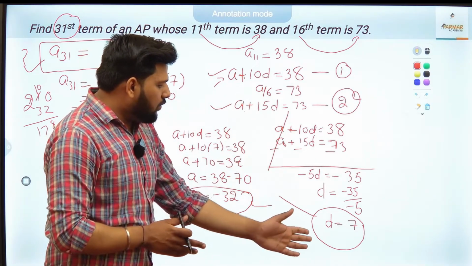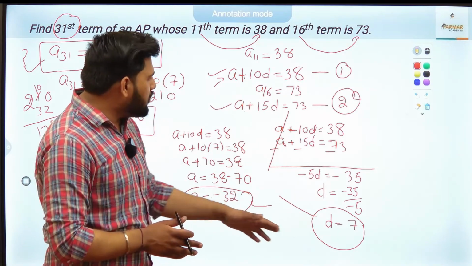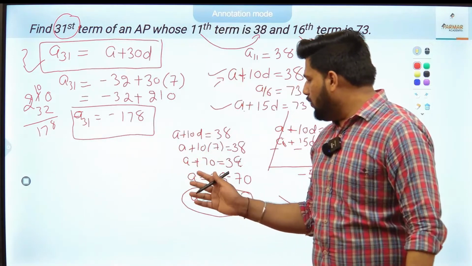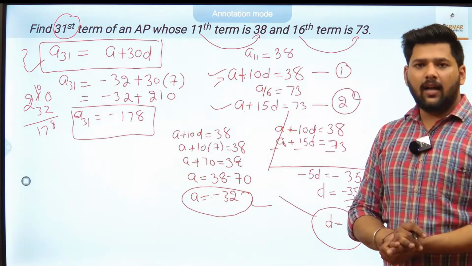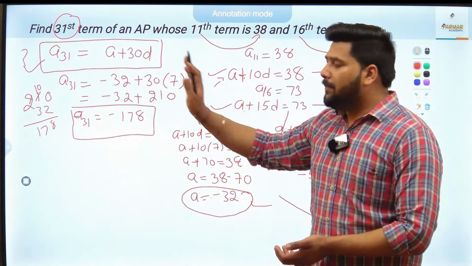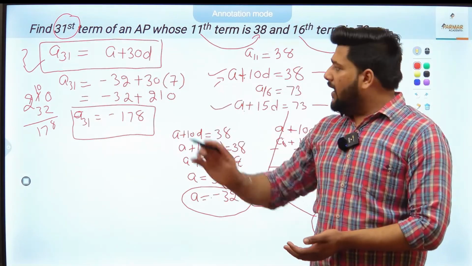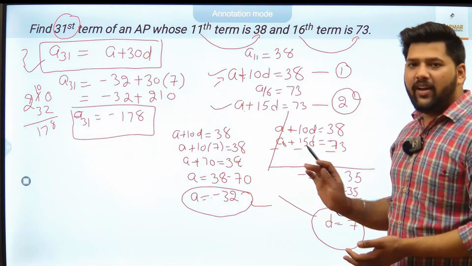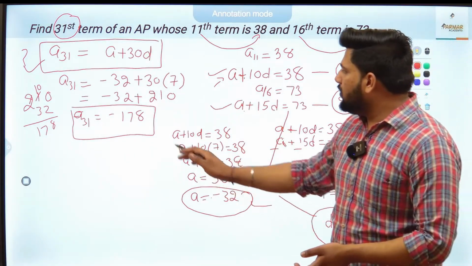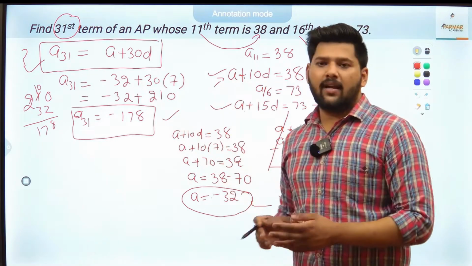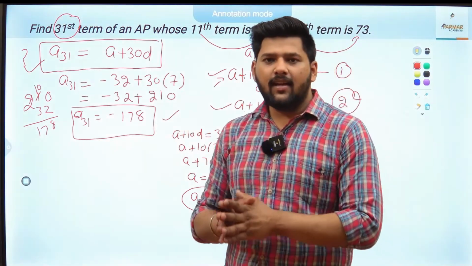I will find the value of d, and after substituting this value in any of the equations, I will get the corresponding value of a, that is minus 32. Now to find the 31st term, that is a plus 30 times d, I need just the values of a and d, and I have the values of a and d here. So substitute these values in this equation, and I will get the 31st term, that is minus 178.